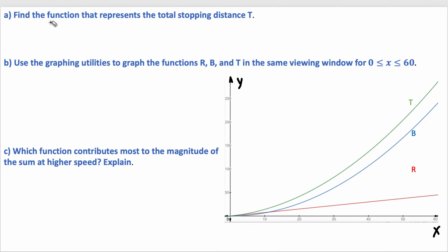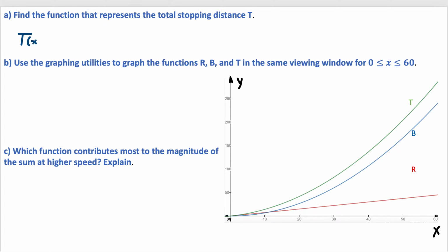For example, find the function that represents the total stopping distance. Let me write it in terms of the function T of x.